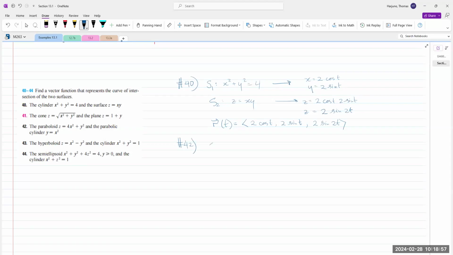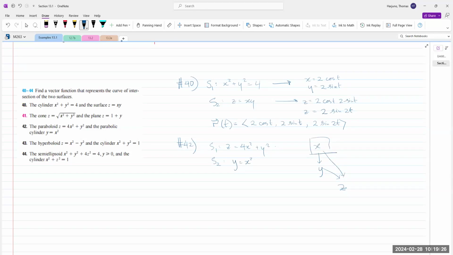On the paraboloid, the first surface is z equals 4x squared plus y squared, and the parabolic cylinder is y equals x squared. Now notice that y depends on x. From x you can get y, and together x and y you can get z. Can you see that pattern? Okay, so let's use x as our parameter.